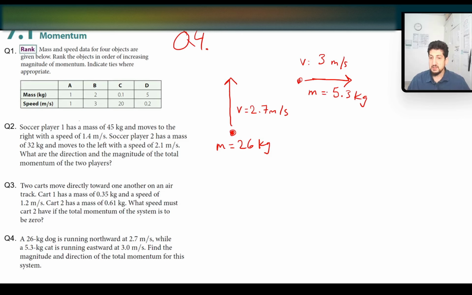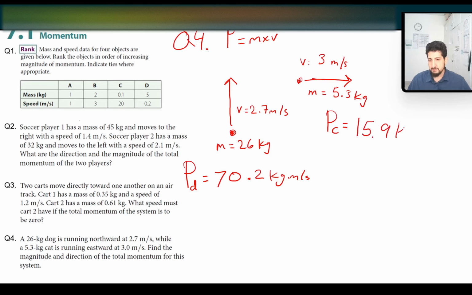So in this case, I have to find the momentum for each. Once again, it's p equals mv. For the dog, it's 2.7 times 26, which is 70.2 kg·m/s. Then the momentum of the cat is 3 times 5.3, which is 15.9.